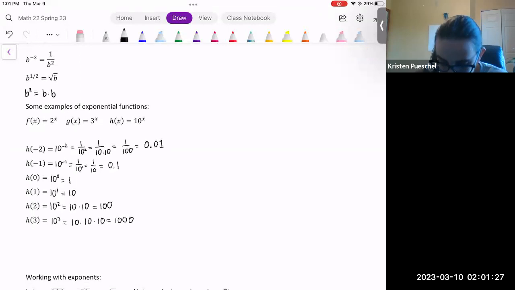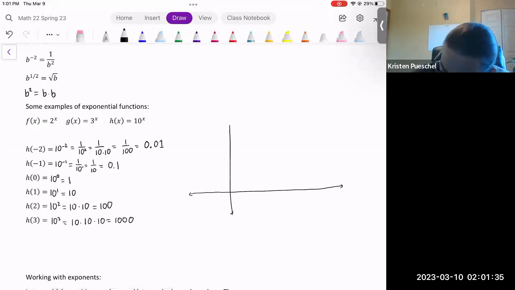If we build just a quick graph of this, graphing exponential functions can be pretty tough because part of our graph is going to have very small values. Part of our graph is going to have very big values.